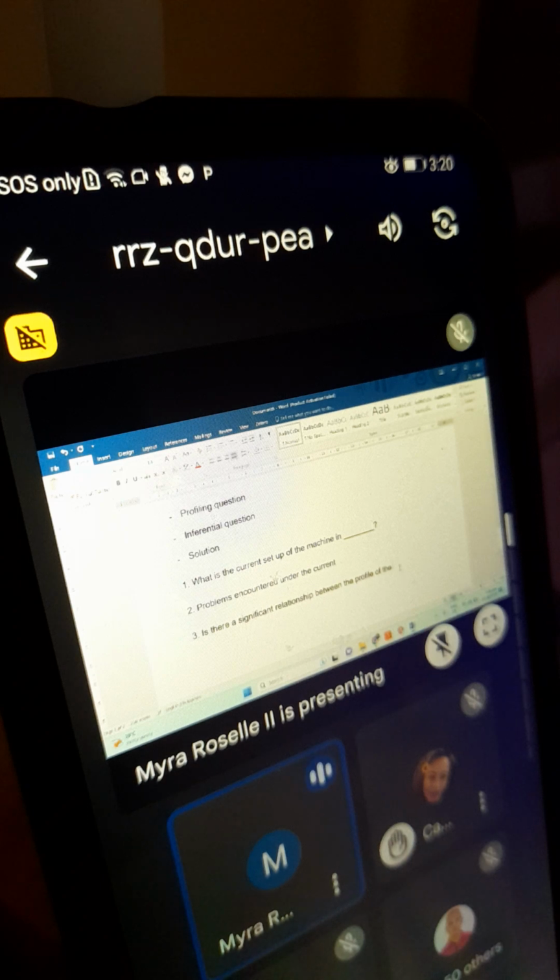Is there a significant relationship between the profile of the respondent when grouped according to age, or according to income, according to what? Okay, general rule: no yes or no question in the sub-problem except for this one. Is there a significant relationship between the profile of the respondent and like this?